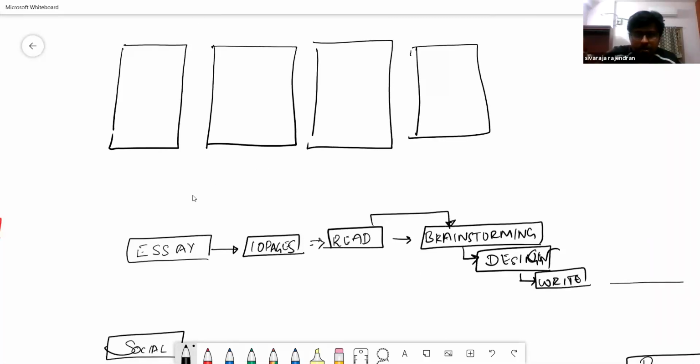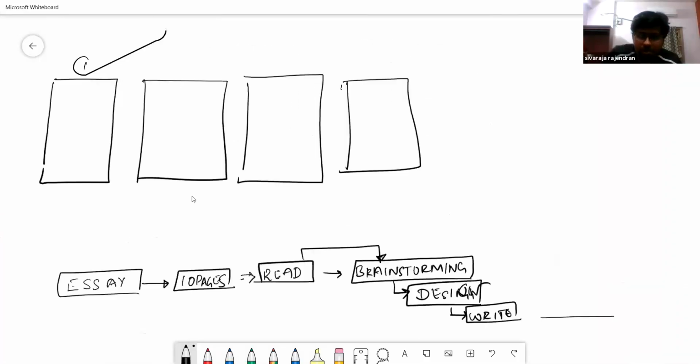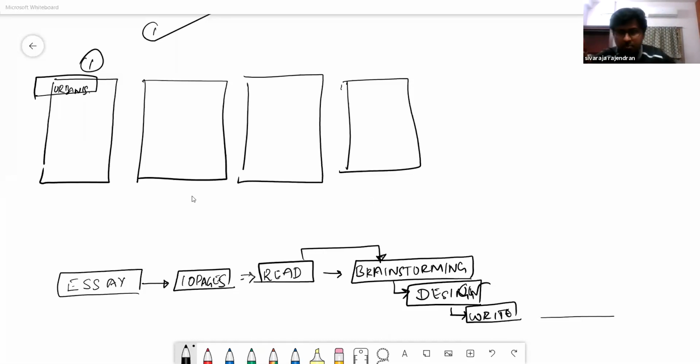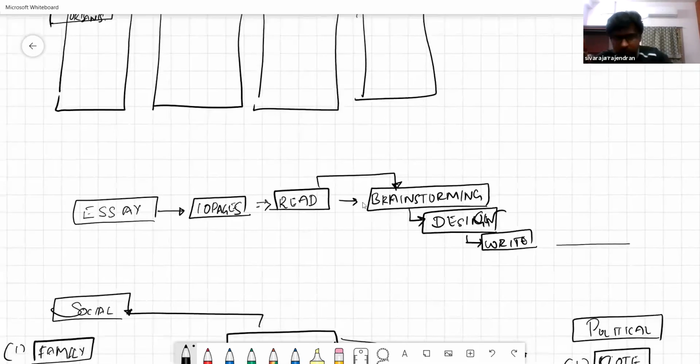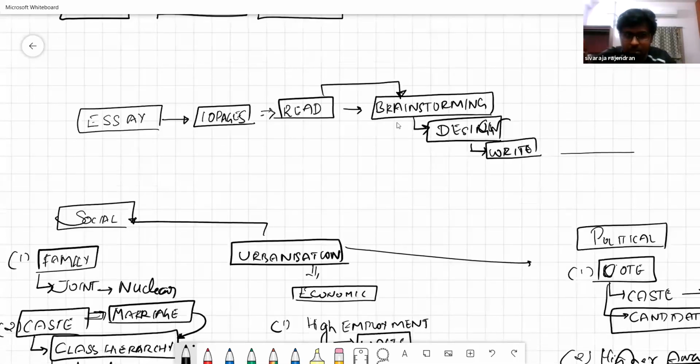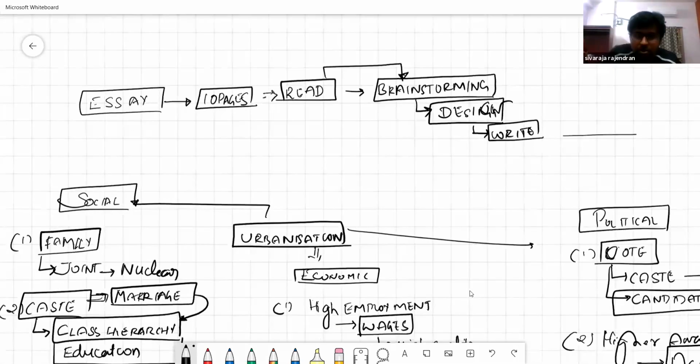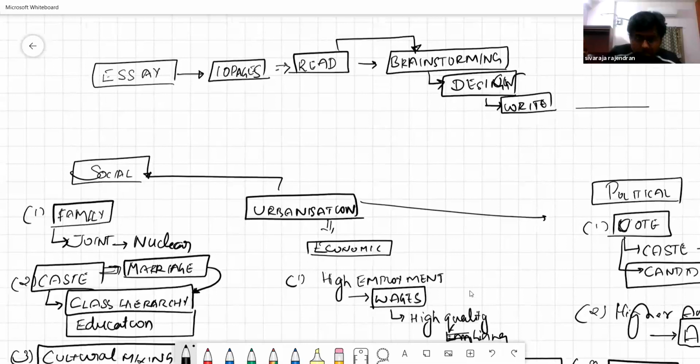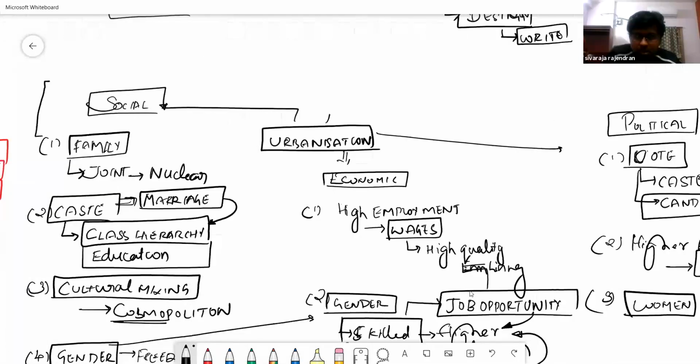If you remember in the last class, we discussed what is urbanization. See, all this is positive, but you can say there are negatives in social aspects as well.